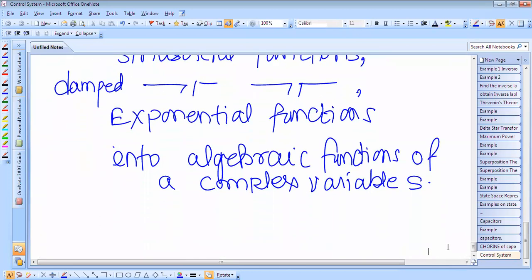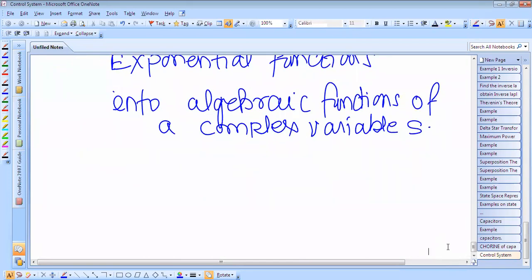So this is the Laplace transform. We will check the Laplace transformation. It is generally denoted by the function f of t.